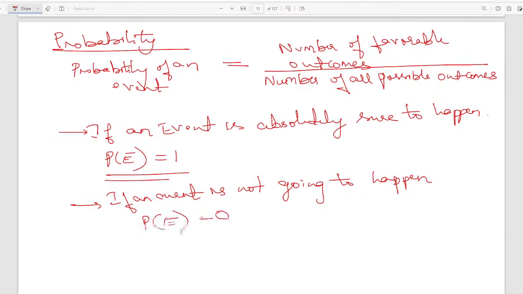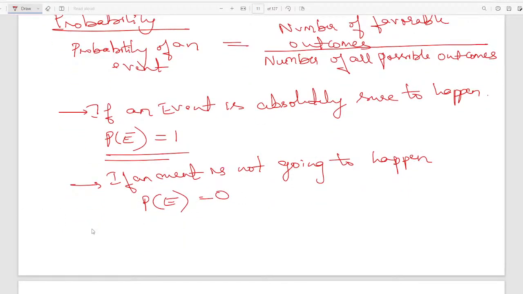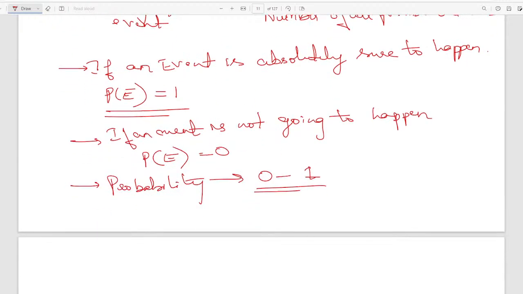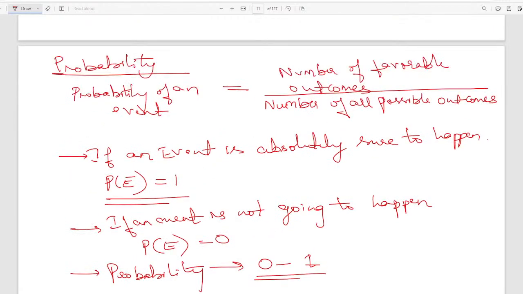So the probability varies from 0 to 1. It's a number between 0 and 1. I hope this is clear.